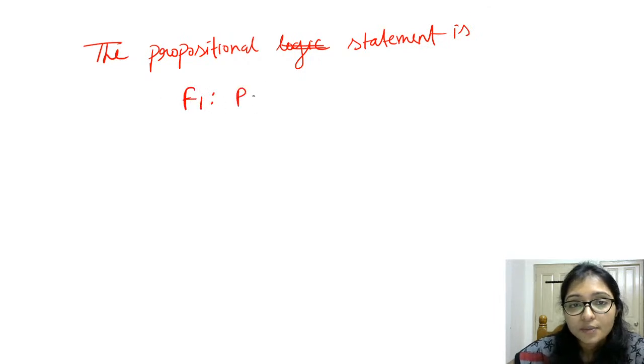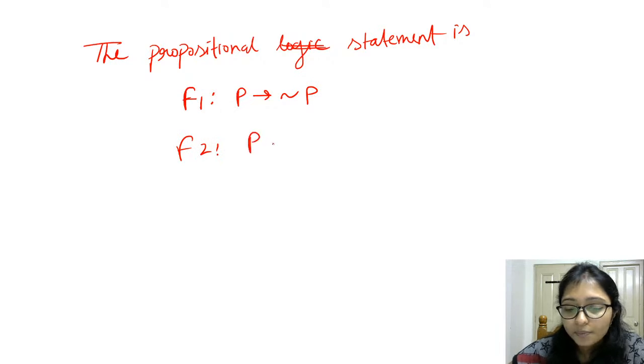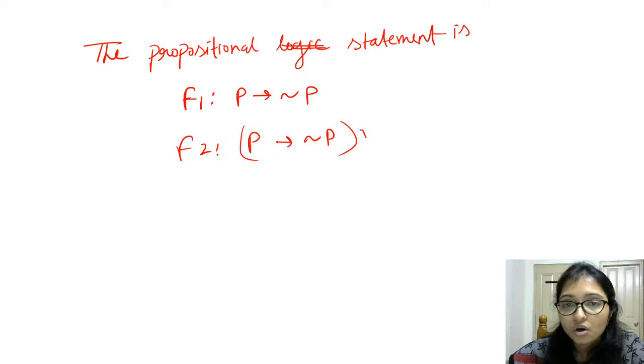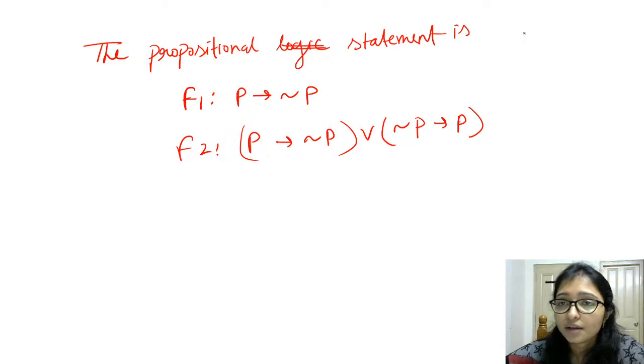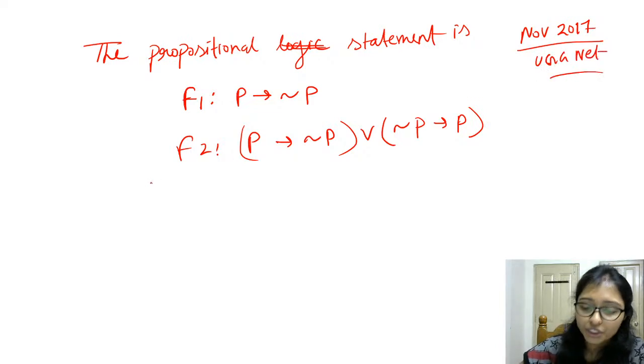F1 is P implies not P, and F2 is P implies not P or not P implies P. Please write down, everyone. It is the previous year's question, November 2017, UGC NET November 2017 question.